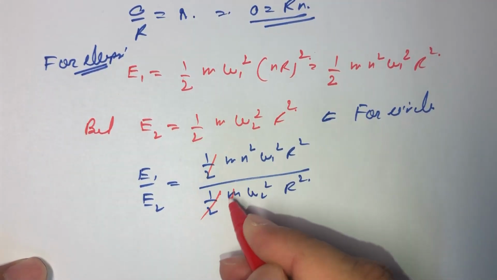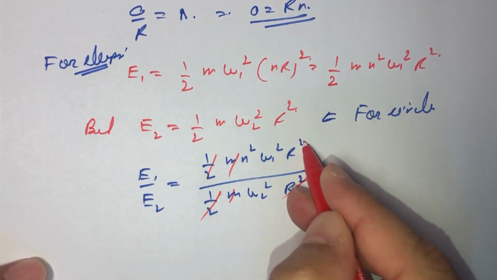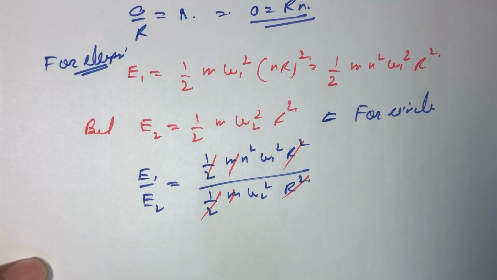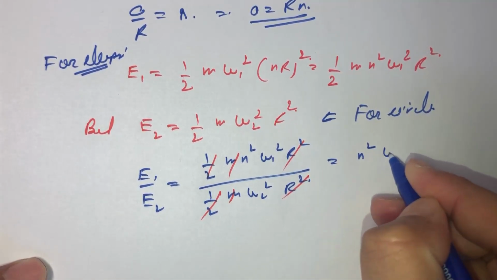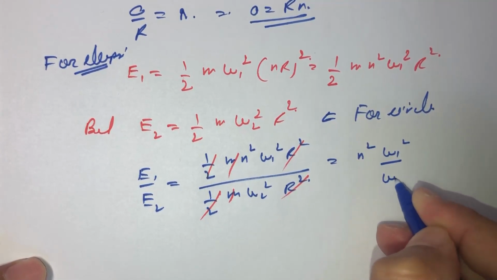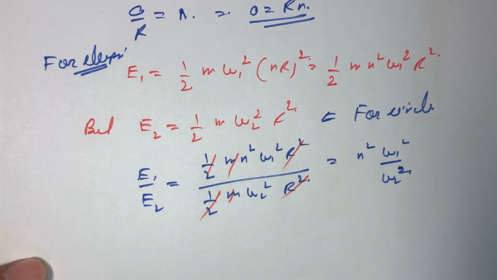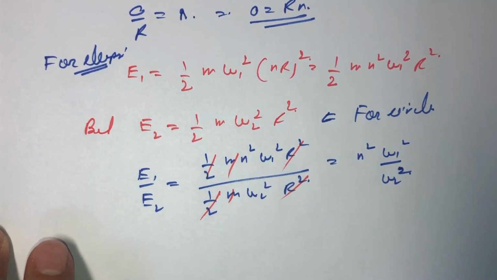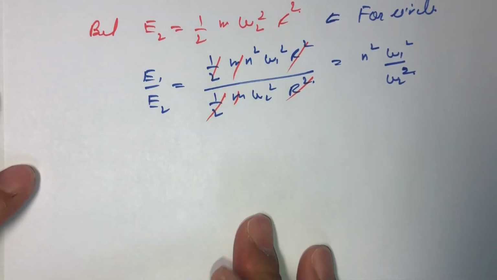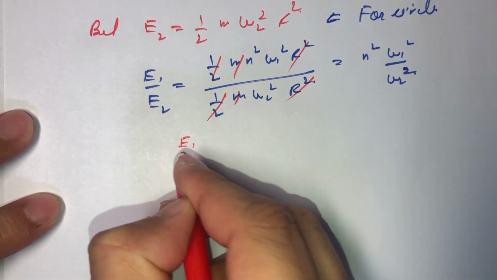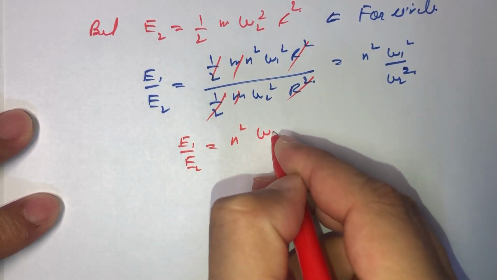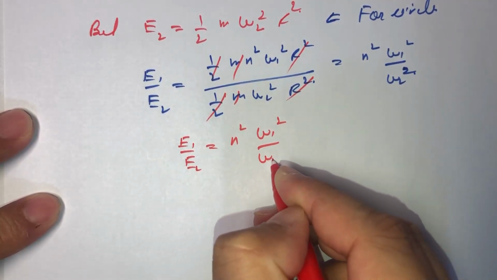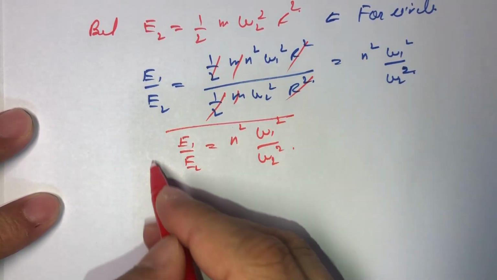This half m r square goes away, and this comes equal to n square omega 1 square upon omega 2 square. So we can write here that E1 upon E2 is equal to n square omega 1 square upon omega 2 square.